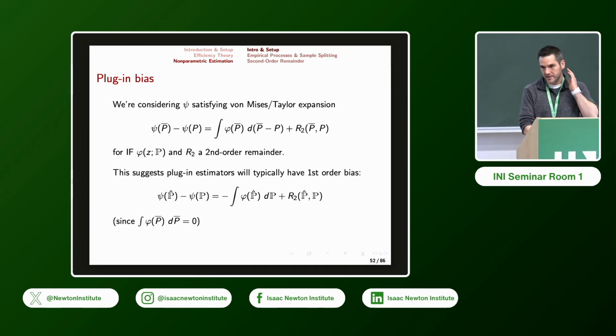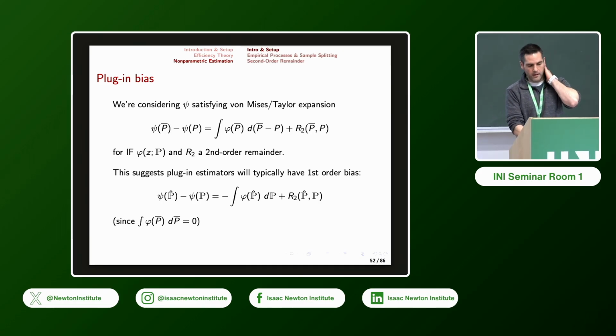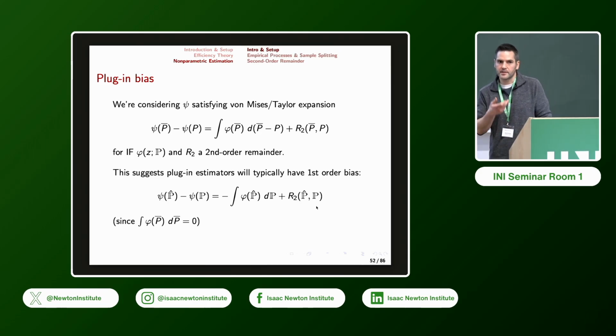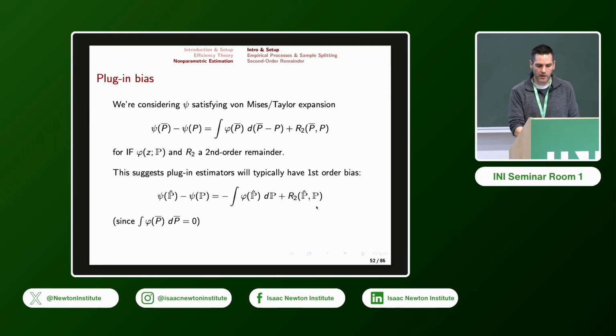The reason this expansion is useful in telling us how to do this is because it's really telling us something about the plug-in estimator. If I evaluate this expansion at some P hat and some P, then this is telling me something about the error in the plug-in estimator. It's saying it looks like some second-order thing, which is intuitively going to be small, depending on squares of differences, squares of errors, or products.